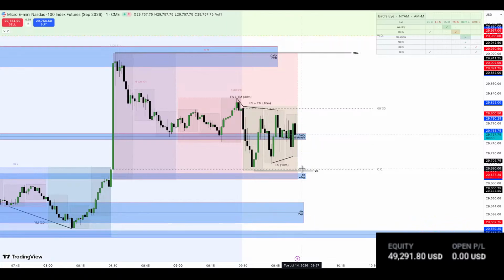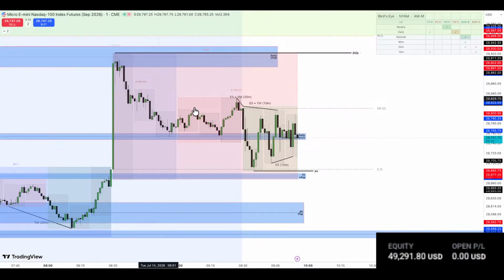So right now price is consolidating at the moment. It grabs some liquidity here, but there's nothing here that I could say is a valid or a strong change in state of delivery. But if price closes above here without tapping this liquidity here, then I could say that the price has already shifted structure.